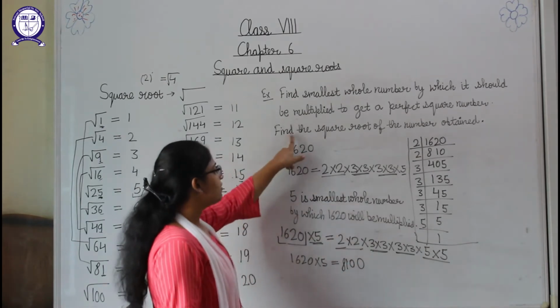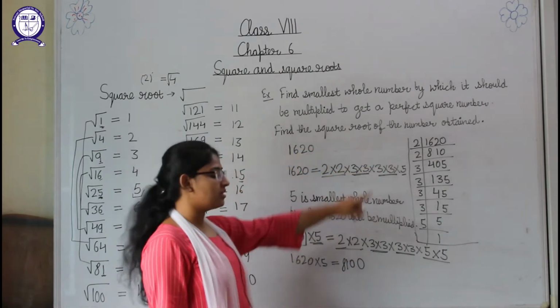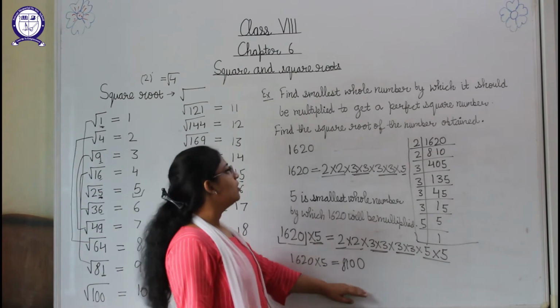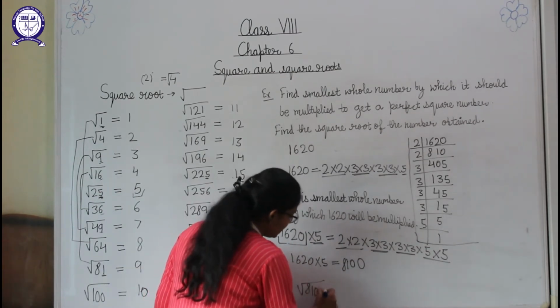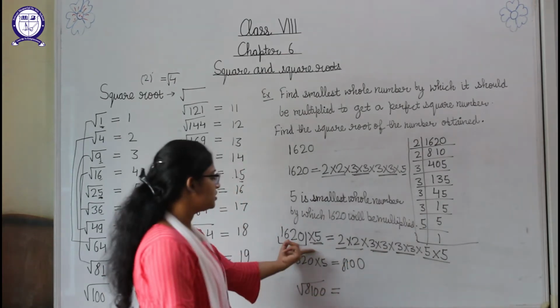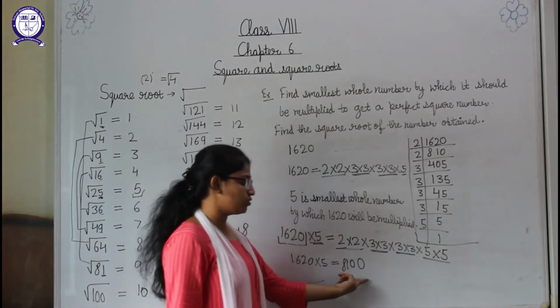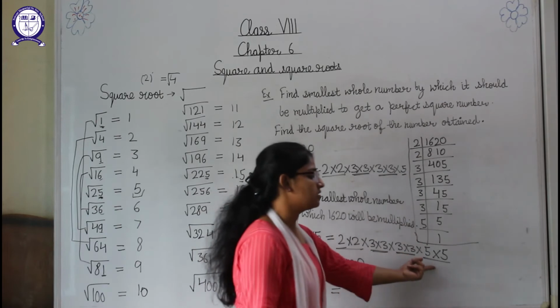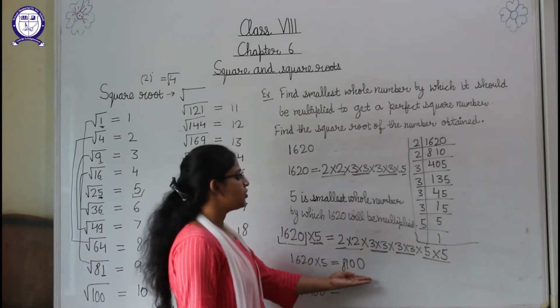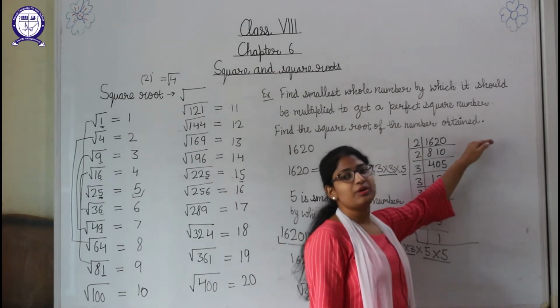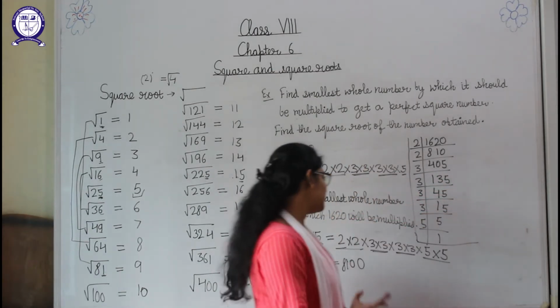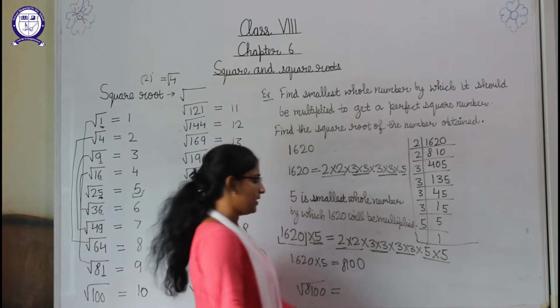Okay, now we have to find the square root of the obtained number. This is our obtained number. So the square root of 8100, students, this was the multiplication and it is equal to 8100. These are the pairs here. Or you can write it again here and make the prime factors, then make the pairs.